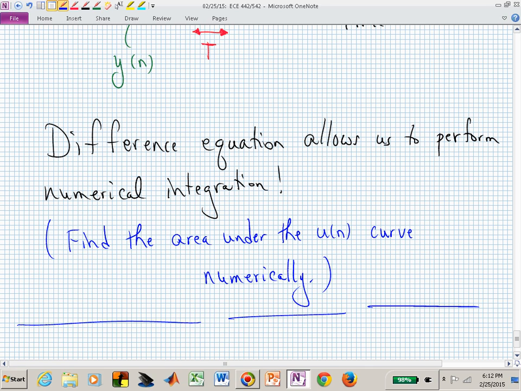Now this process of doing a discrete equivalent has allowed us to no longer have to go build an analog integrator. We have one integration technique to do it, and that's this zero order hold equivalent numerical integration approach.